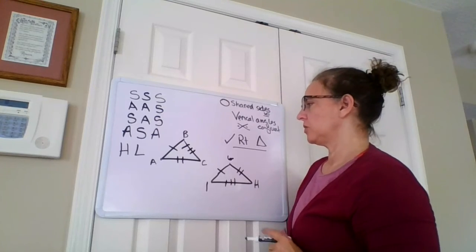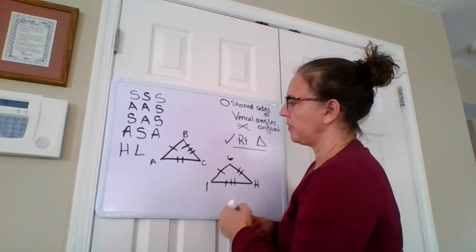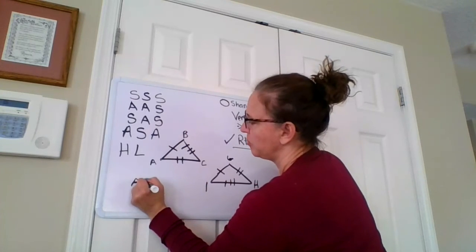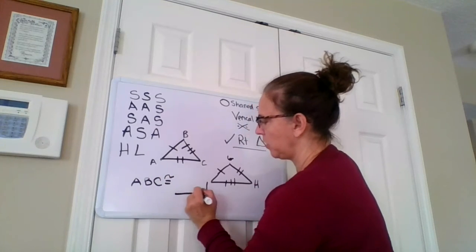What you're going to do is look at this, and I'm going to say A, B, C is congruent to, and what other triangle?